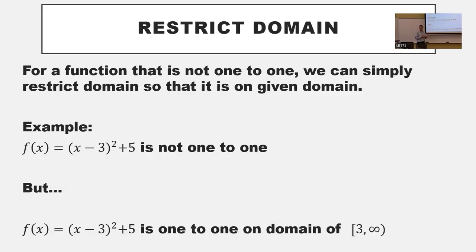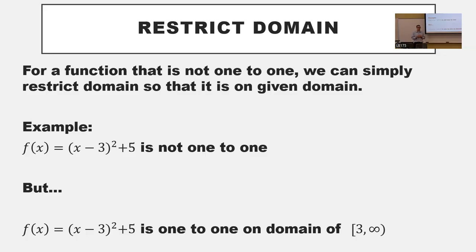So, for example, if you graphed f of x equals the quantity x minus 3 squared plus 5, it's not one-to-one over the real numbers. But if you look at it where our domain starts at 3 and goes up to infinity, then it would be one-to-one.